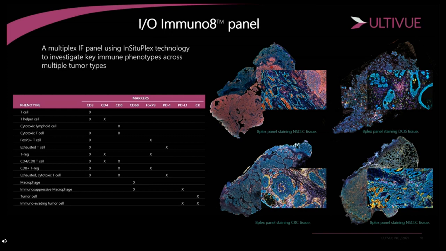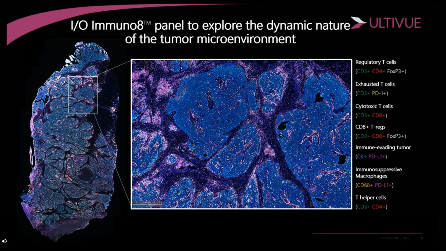And in the next couple of slides, I will focus on the application of the Immuno 8 panel on colorectal cancer tissue. So on this slide, you can see on the left side an overview of a colorectal cancer tissue stained with the Immuno 8 panel, and a zoom on one area where you can see some tumor nests, but also a lot of infiltrating cells, immune infiltrating cells.